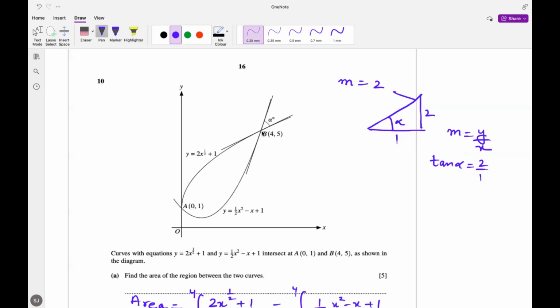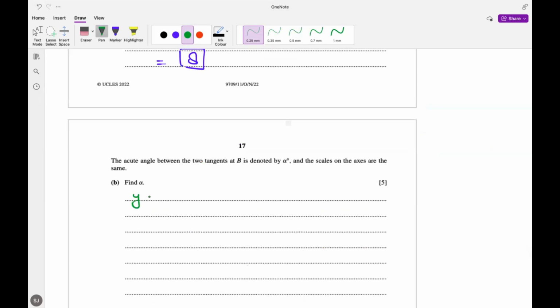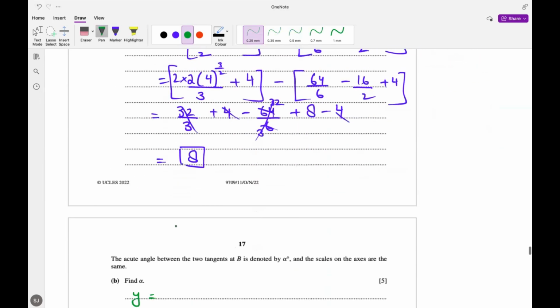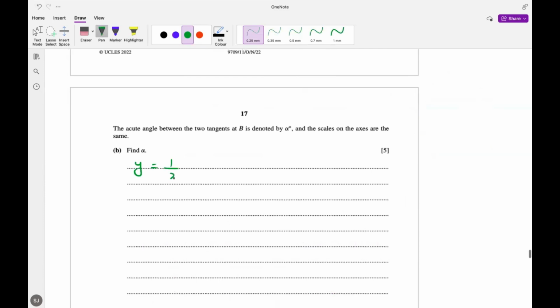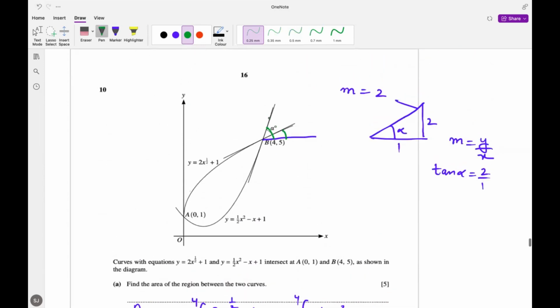Now, as we have two tangents up here, if we make a horizontal line, first we'll find the angle made by this tangent and then the angle made by this tangent, and then subtract the two angles to find the angle in between. So the two equations that we had for the curves were, this was y equals half x squared minus x plus 1. Finding the gradient for the tangent, so this curve represents this tangent.